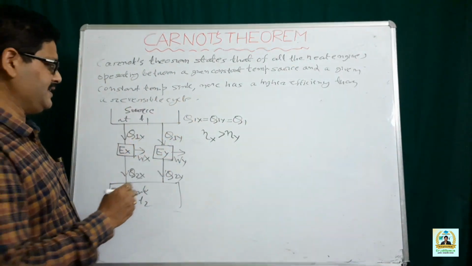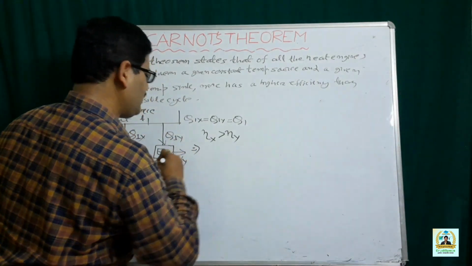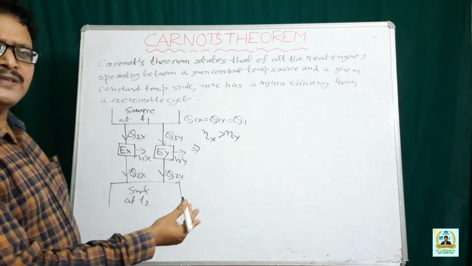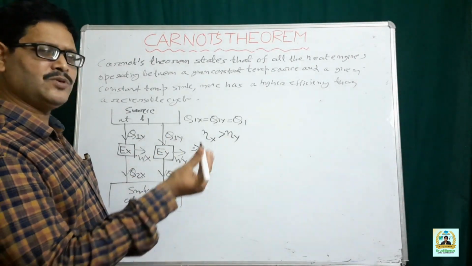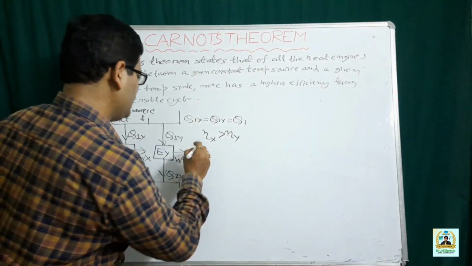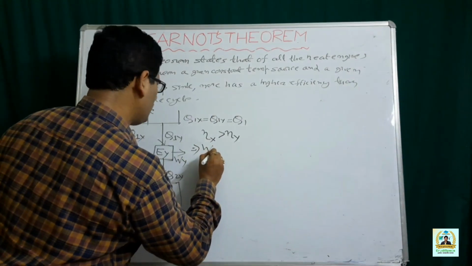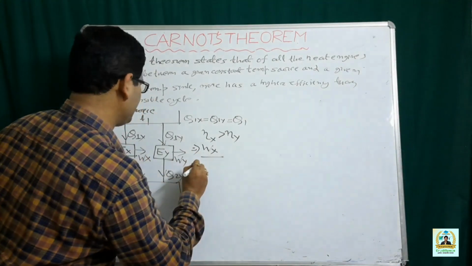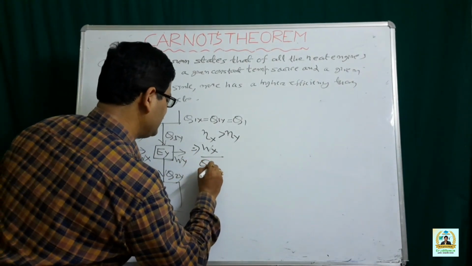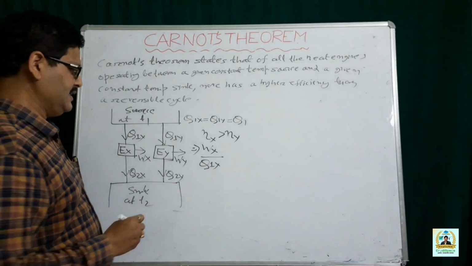Let us assume that. So what is the efficiency? Efficiency is the ratio between the net work output to the heat supplied. Net work output is Wx and net heat supplied is Q1x.